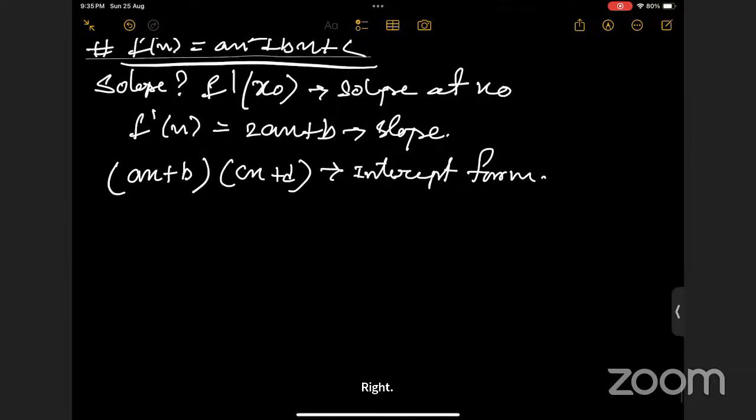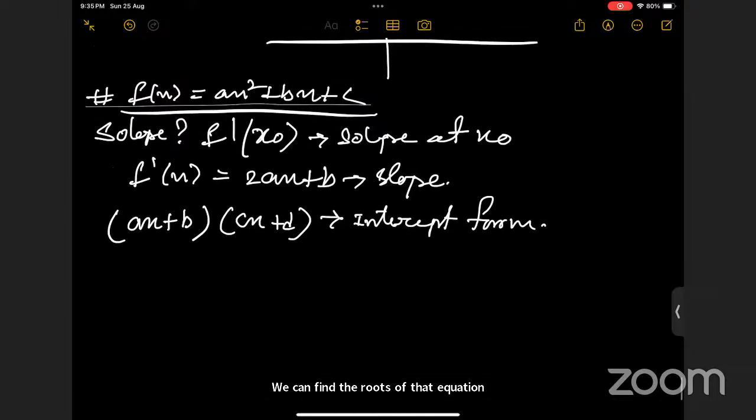You are all familiar with this form. So why do we need to express an equation from the general form to the intercept form? Can anyone explain the importance? We can find the roots of that equation easily. Finding the zeros. Right, very good.